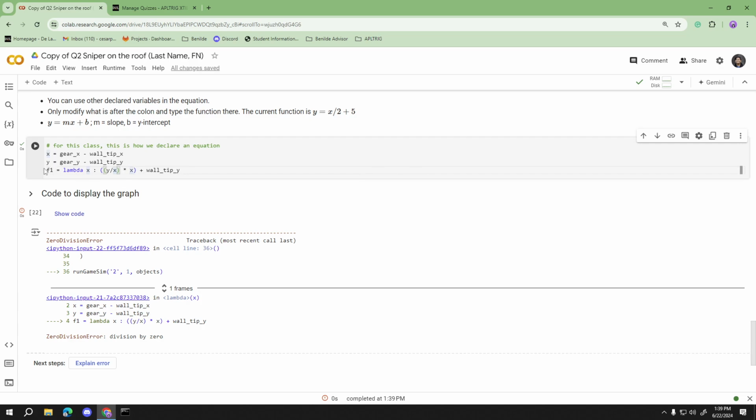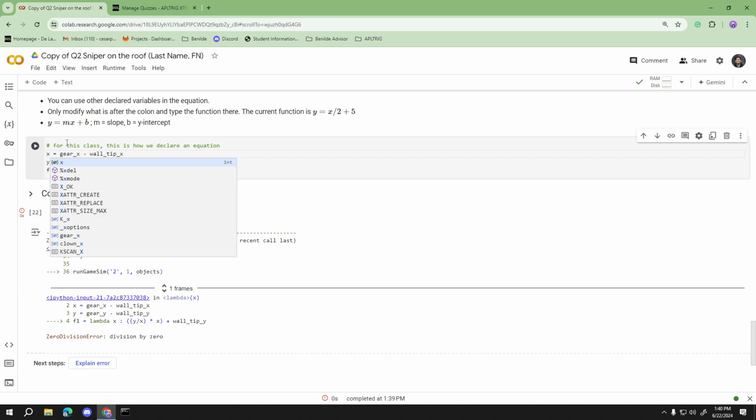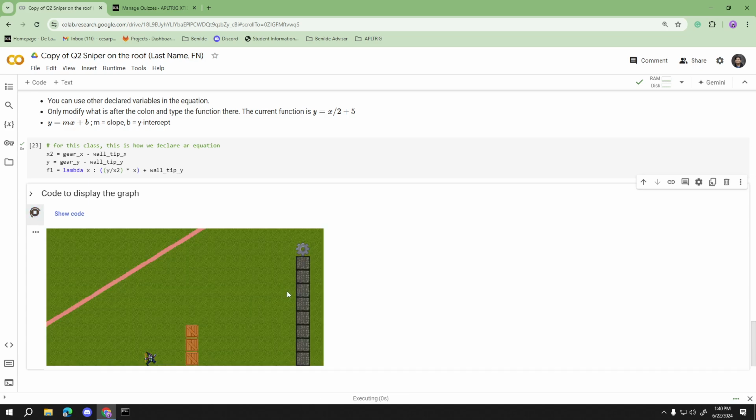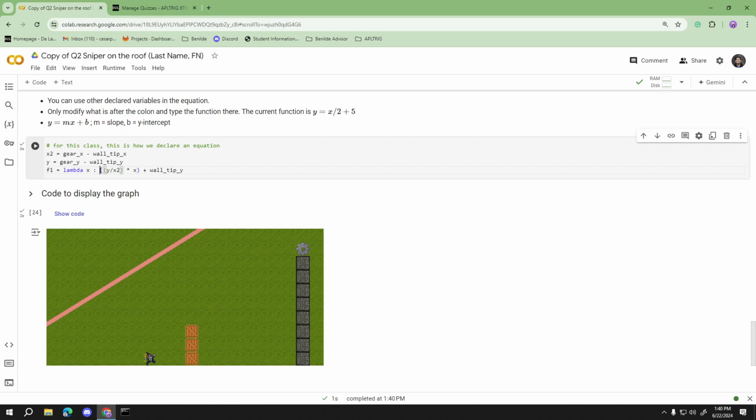All right. Wrong. Let's call this x. X. So it's x2. Let's call it x2. I believe you have to also move that to the right because we have x.